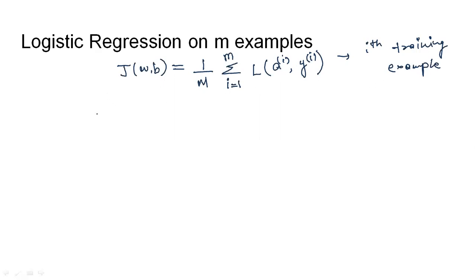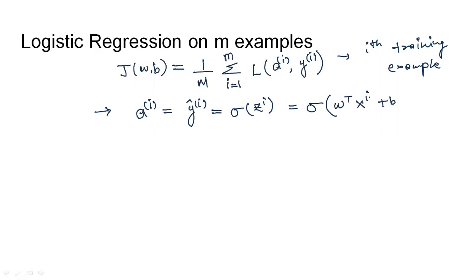And so we have this cost function. After this, we have our final output, that is the predicted output, in the form of a of I, which we often write as y hat of I. So this is the predicted outcome for the ith training example, and this is often written as sigma of z of I. And z of I can be further broken down into w transpose x of I plus b.